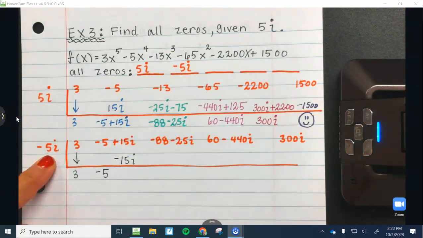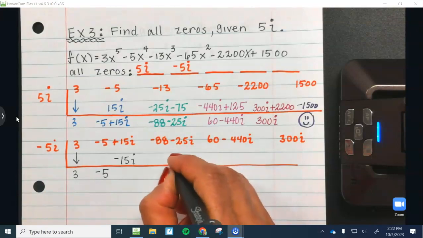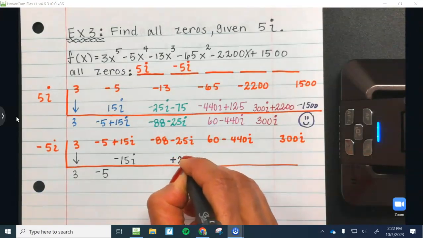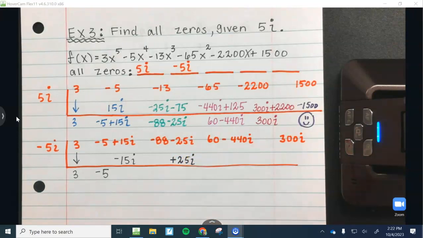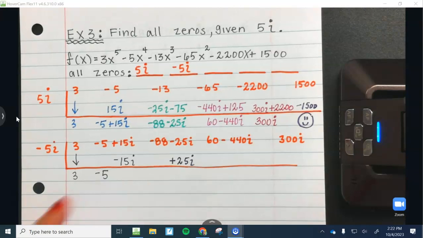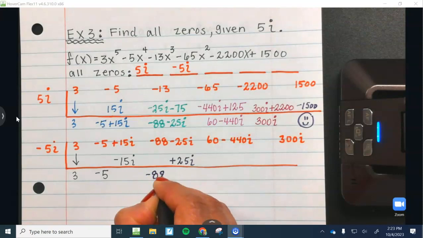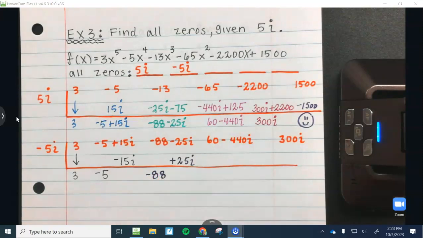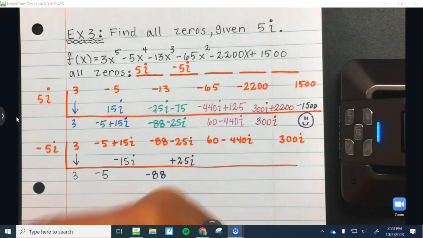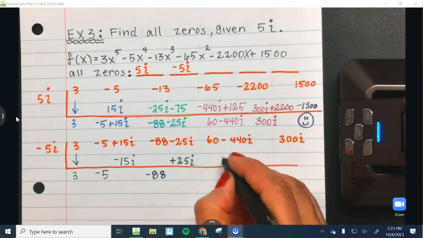Negative 5i times negative 5 is positive 25i. Oh, that's so beautiful because those cancel out. Let's bring down the negative 88. Y'all remember 88 times 5 is 440. So negative 5i times negative 88 is a positive 440i.